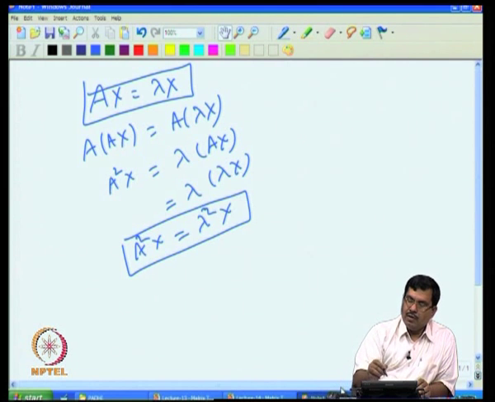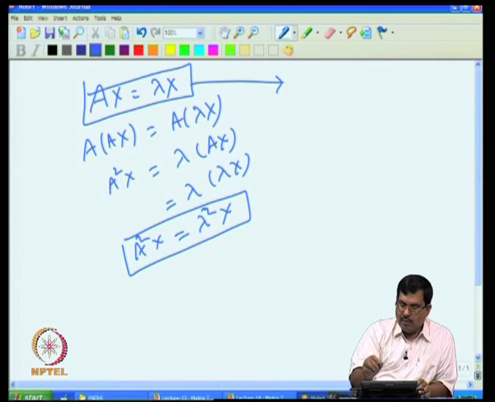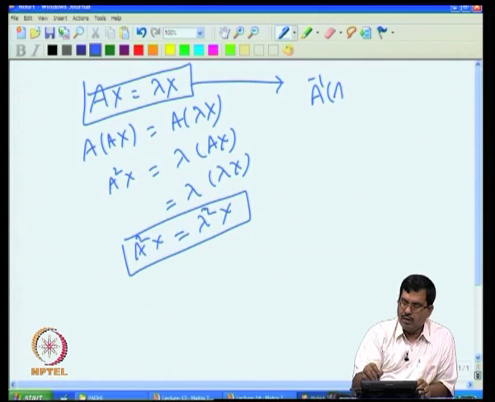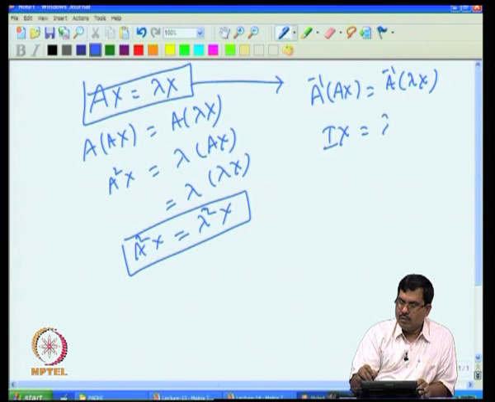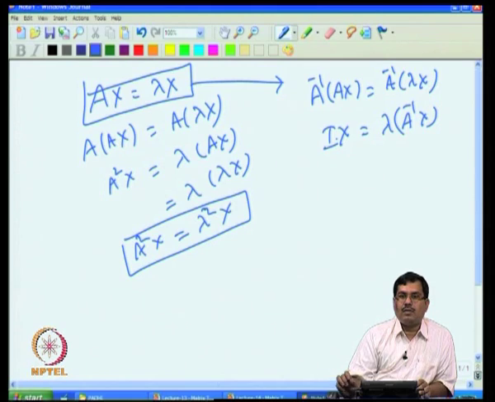That is also simple. I will start from the equation A x equal to lambda x, and this time I will multiply with A inverse. So I get A inverse into A x is equal to A inverse lambda x. If I do the simplification, A inverse into A is identity, so I times x is equal to lambda times A inverse x, and I times x is x obviously.